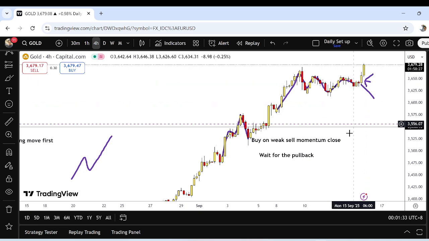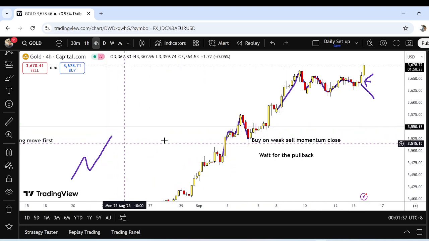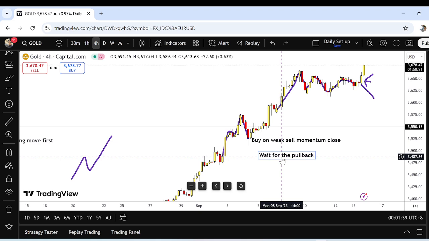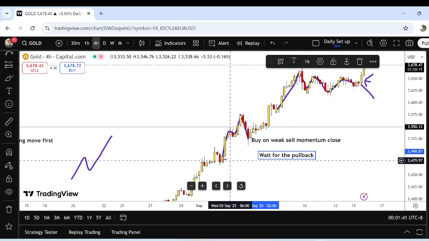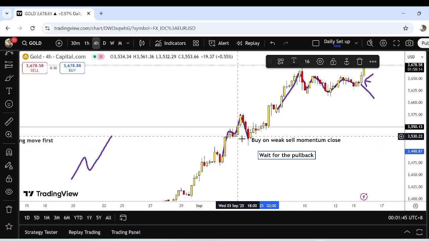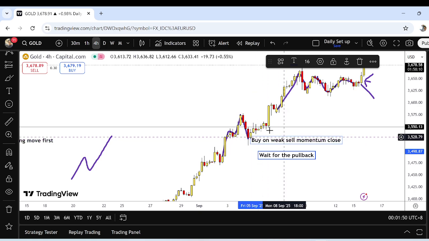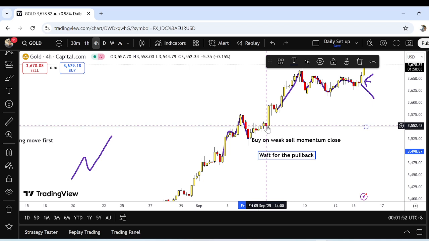If you identify the trending move already, the second thing is you wait for the pullback. Number two, wait for the pullback. Wait for the market to stall, or wait for the pullback, and then you buy again on a weak sell momentum close, like in this case.